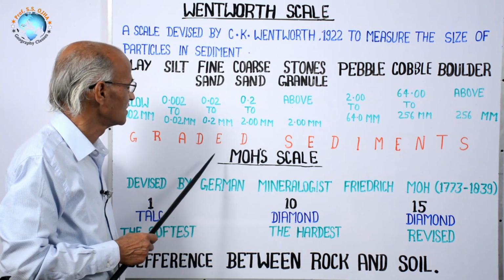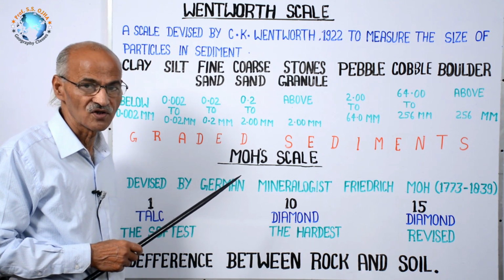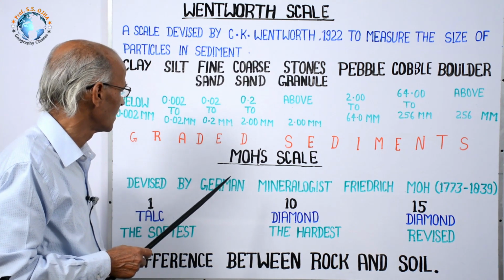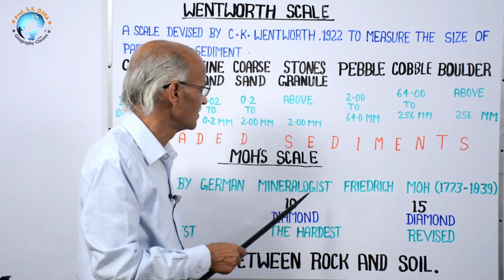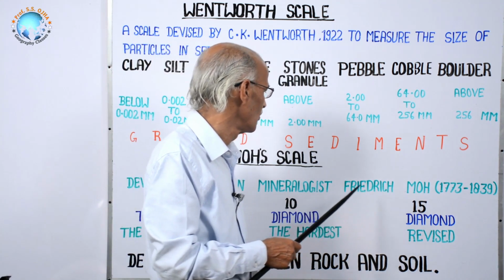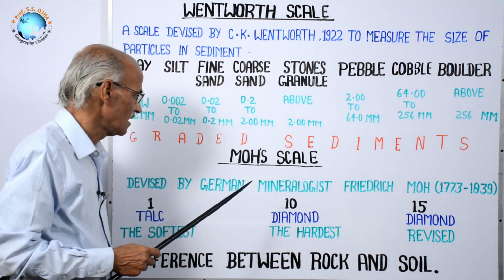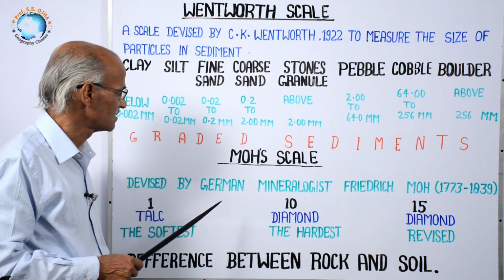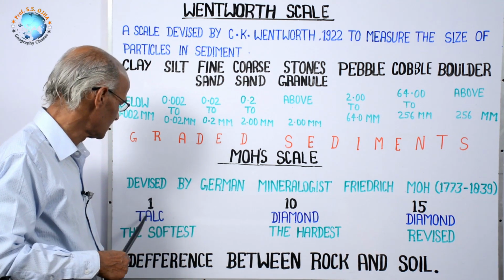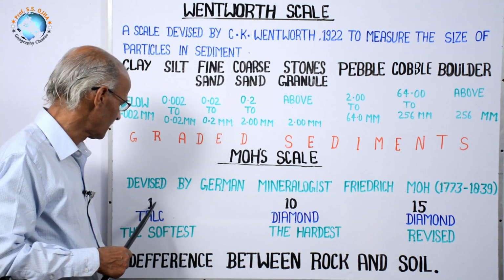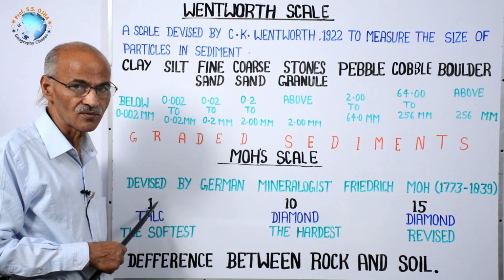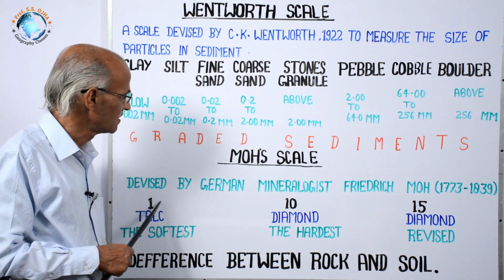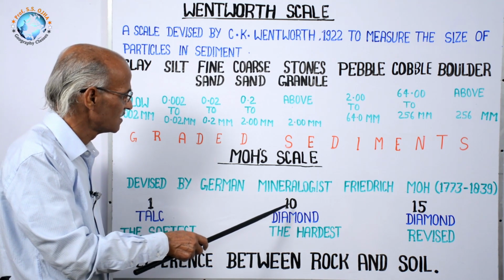Now, while studying rock, we had studied minerals and elements. In minerals, there is one Mohs scale. Mohs was a German mineralogist, Friedrich Mohs, who devised a scale on the basis of the hardness and softness of different minerals or rocks. The softest mineral is talc. Its scale is 1. It is so soft that if we put our finger, it will have a fingerprint. And the hardest mineral was diamond.